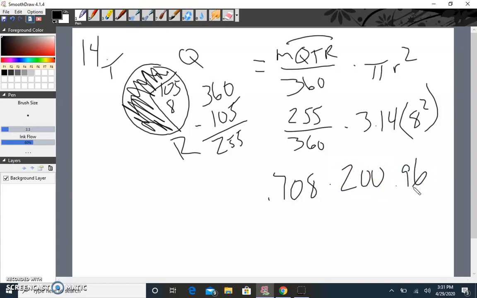So we take 200.96 times 0.708. We get 142.27 and other numbers as well, so we can just call it 142.2. So that is the area of the sector.